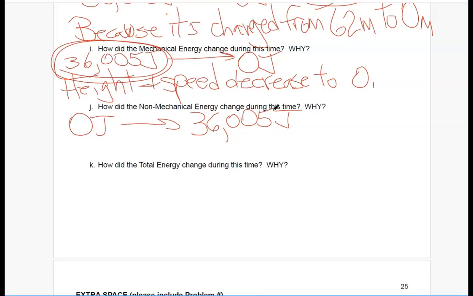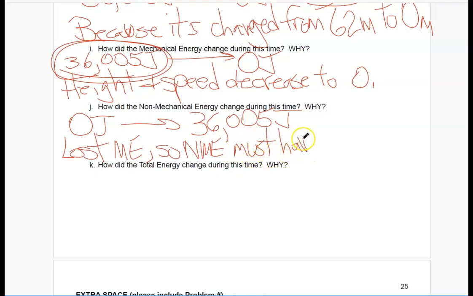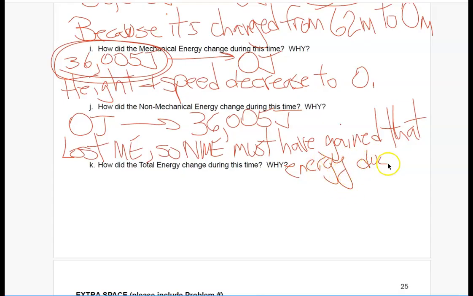So we know we lost mechanical energy, so the non-mechanical energy must have gained that energy due to conservation of energy.